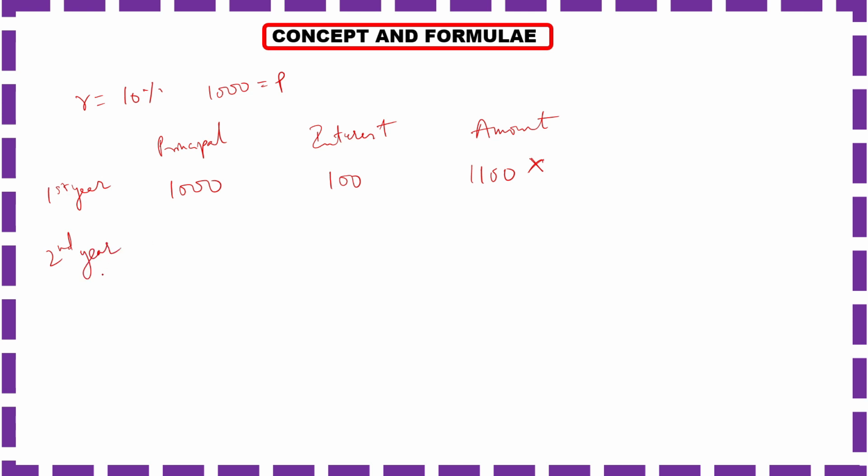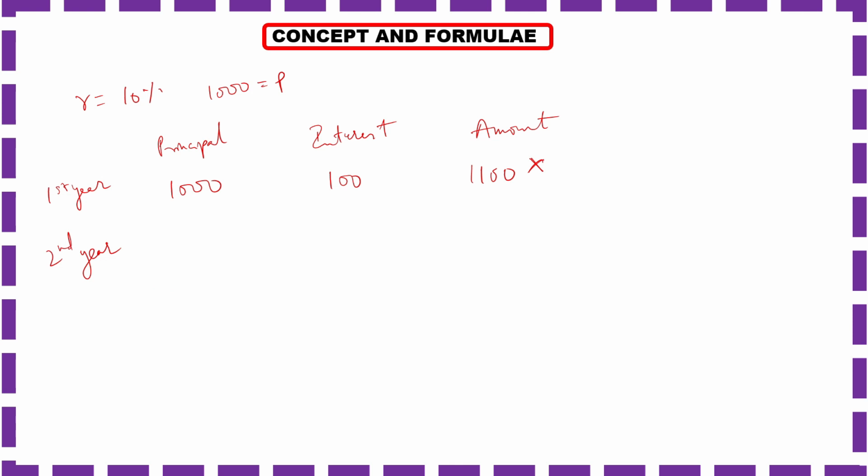Now what will happen? What is the principal? See, in simple interest, the same principal is carried all the years. No matter in which year you wanted to repay the loan, the same interest was carried every year.